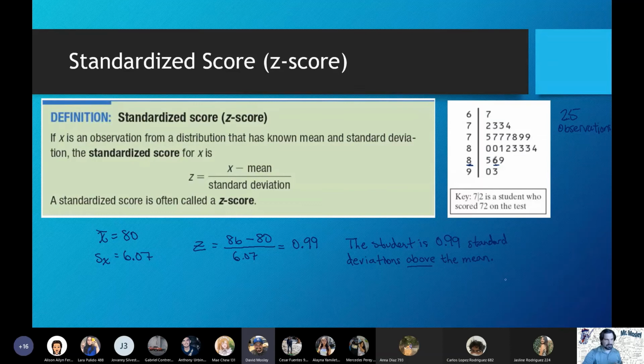A positive z-score means that that person's score, or observation, whatever you want to call it, is above the mean. A negative z-score, which is possible and will happen, means that observation is below the mean. The z-score lets us relate that to the standard deviation. If you remember from Tuesday, we can use the general rule that if you're two standard deviations away from the mean, that could be an outlier.